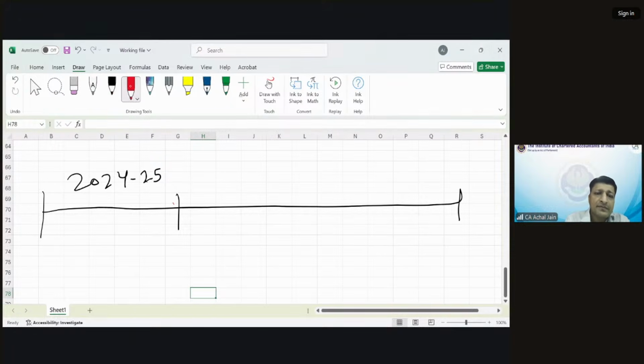At the year end, the entity will have to estimate the amount which is payable to the employees at the time of retirement. Let's suppose these are the retirement dates. So that means the entity needs to estimate the liability. What is the liability? Obligation to pay. Yes or no?